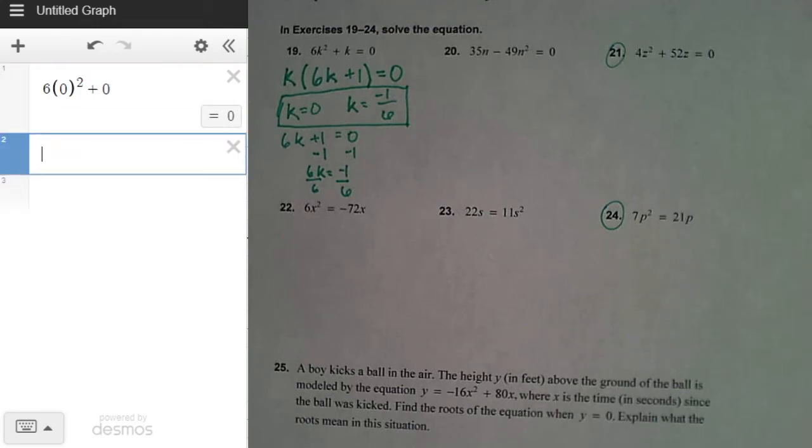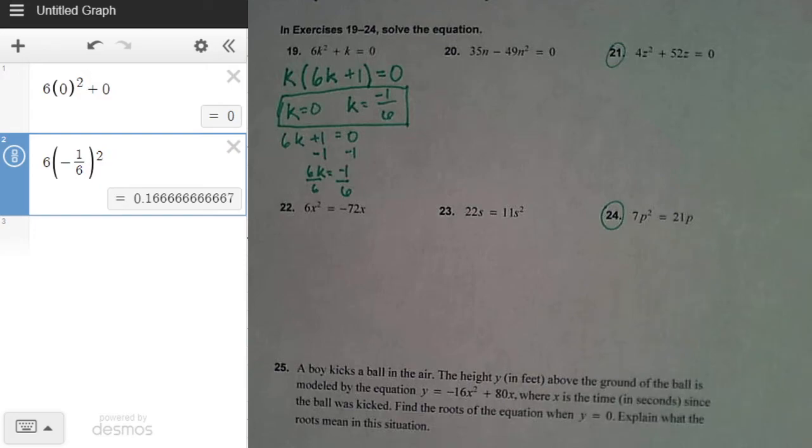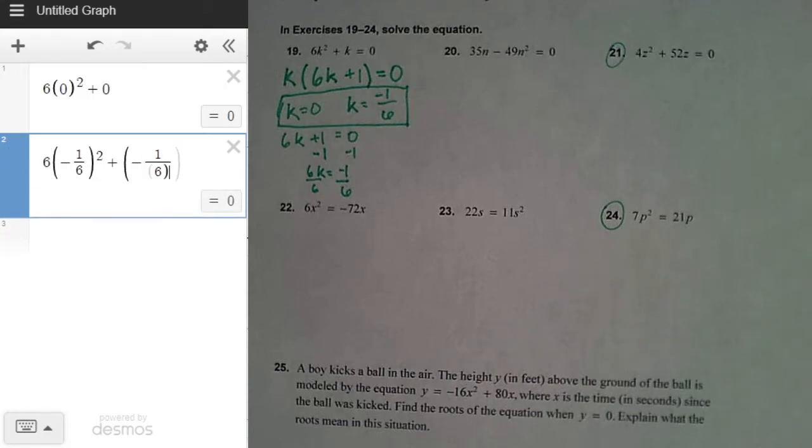And so let's go ahead and check that other answer. If we take 6 times a negative 1/6, all squared, plus negative 1/6, we see that that answer is also 0.